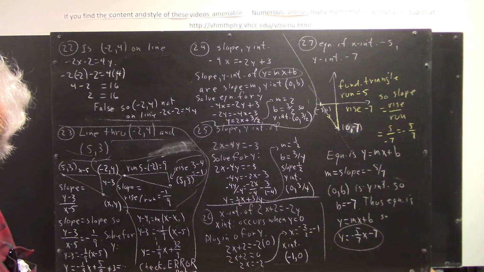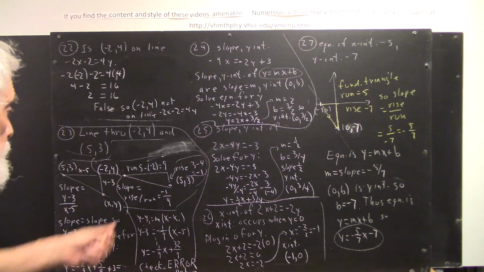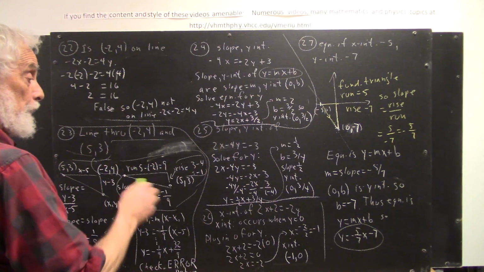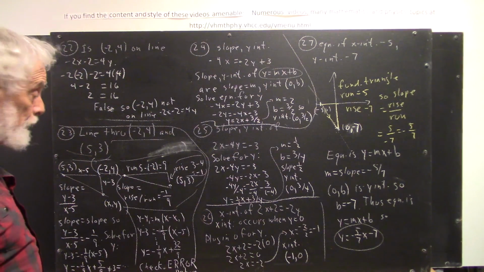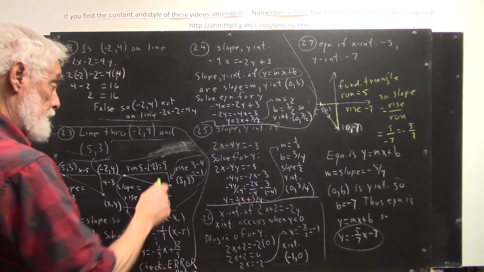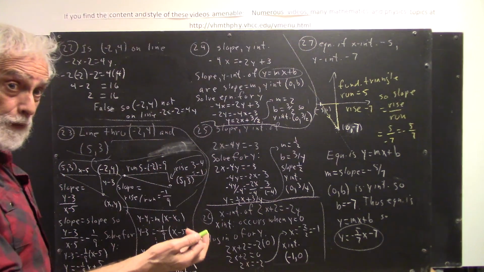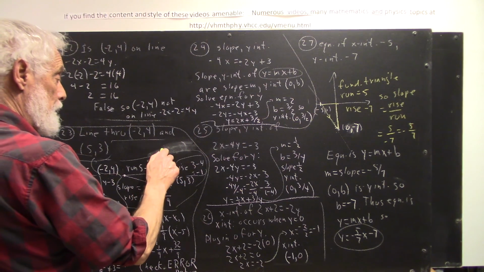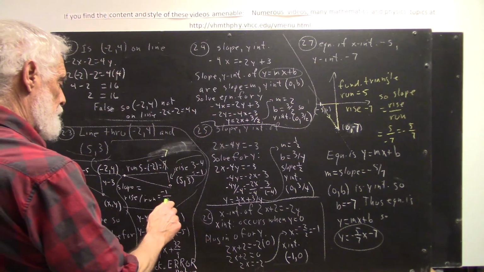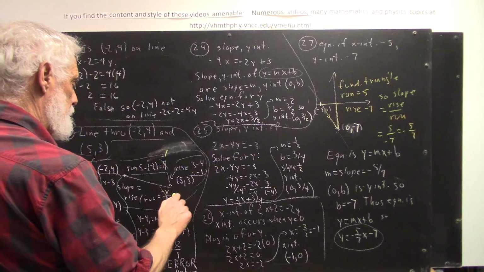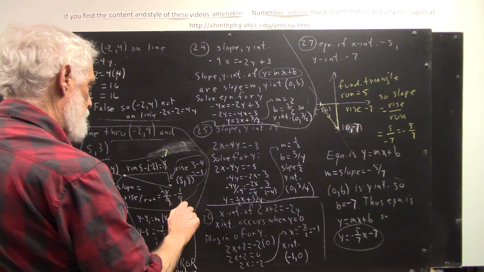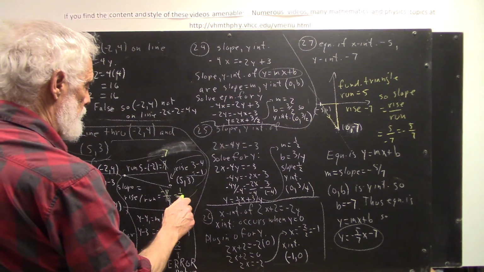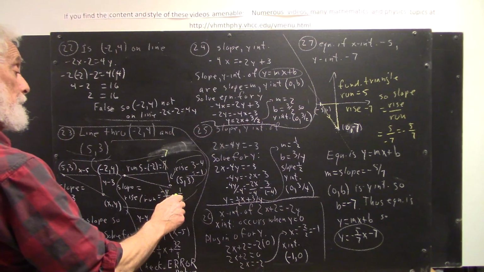My slope isn't -1/9 because my run is 5 minus -2, which is 5 plus 2. I must have had a 4 in my head someplace because I know darn well what 5 plus 2 is. But I got 9, and that should have been 7. So my -1/9 should have been -1/7.